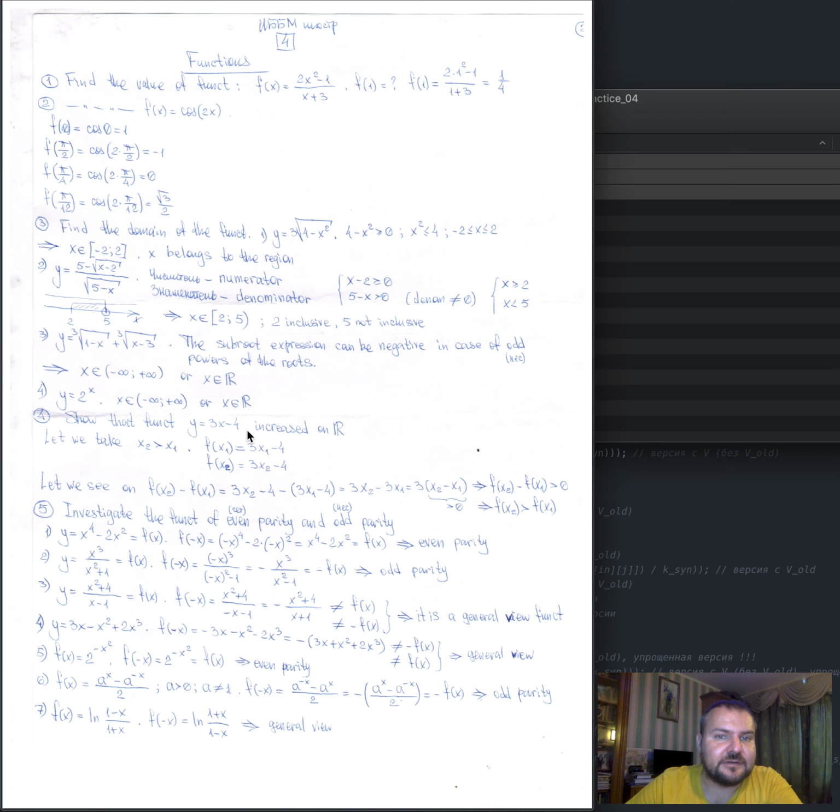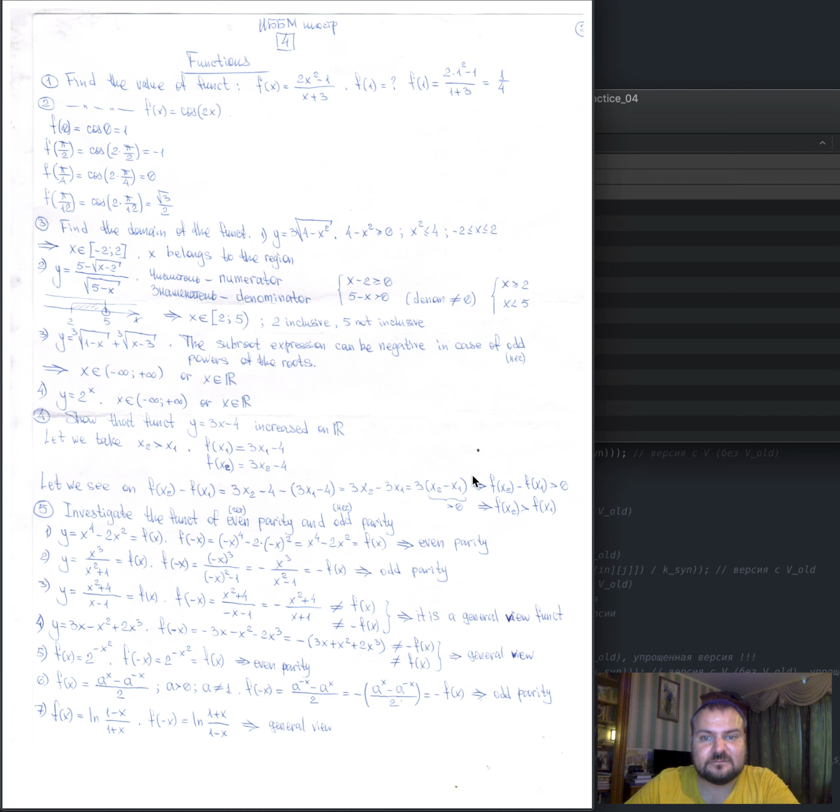So we put the value 3x1 minus 4 minus, in brackets, 3x2 minus 4, and we get 3 times (x2 minus x1). But by the initial conditions, x2 is greater than x1. So the value x2 minus x1 will be greater than 0, or positive in any case.